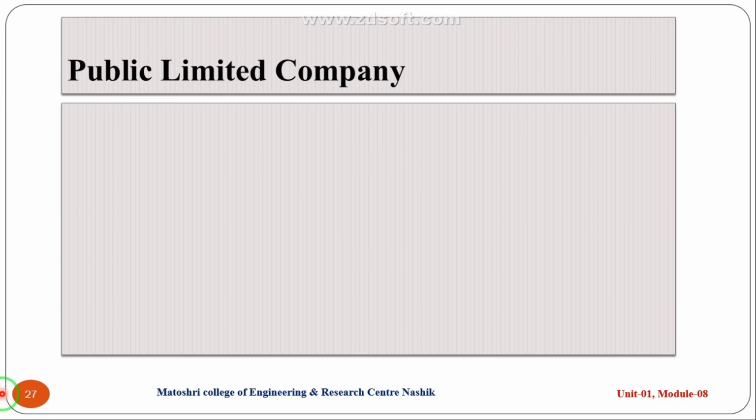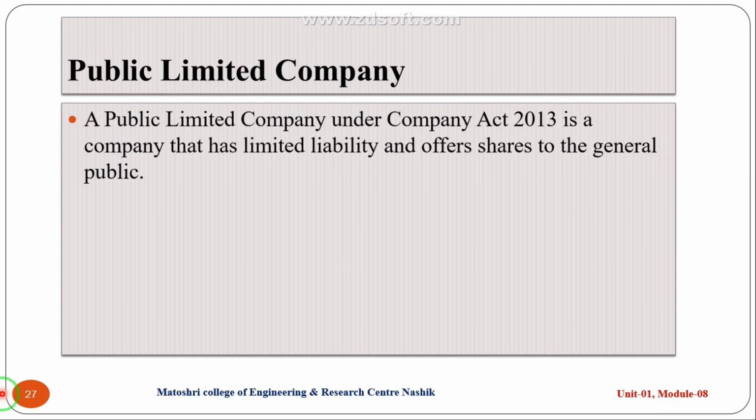Now, moving towards a public limited company. A public limited company comes under the Companies Act 2013. It is a company that has limited liability and it offers shares to the general public. This is the difference between private and public limited.